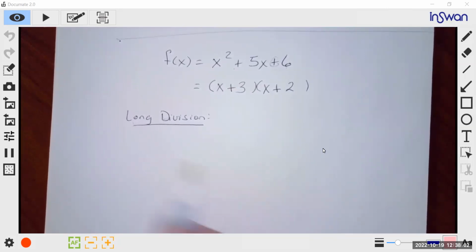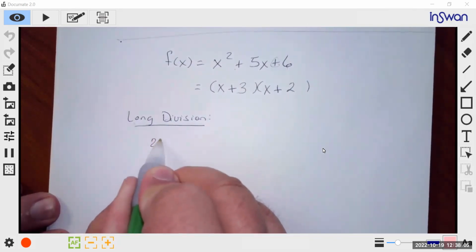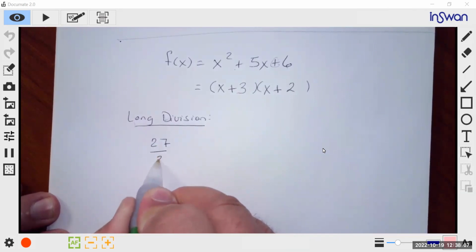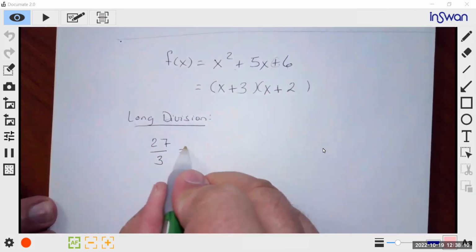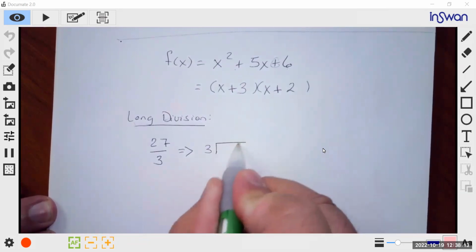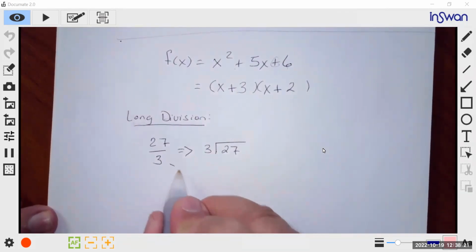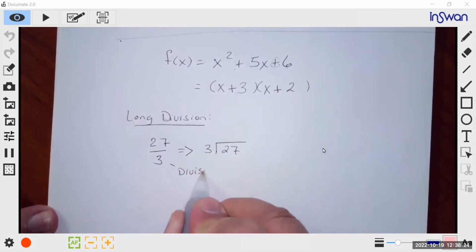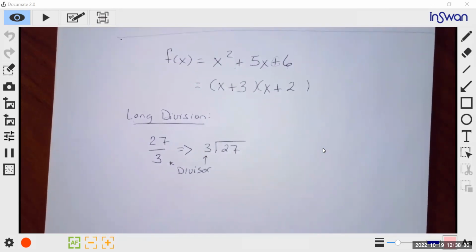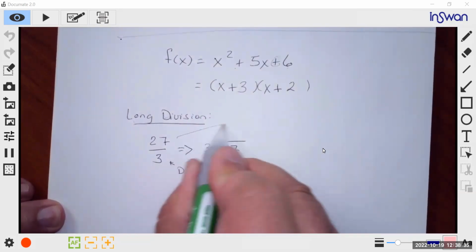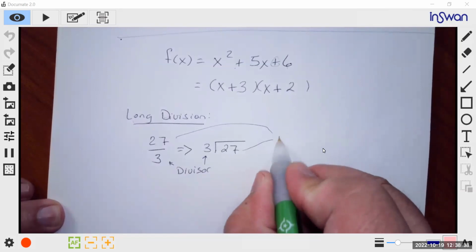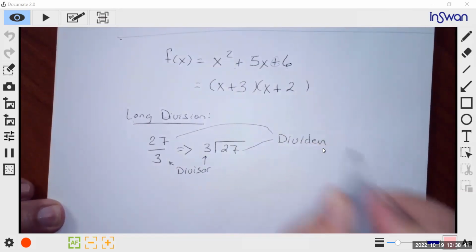Yeah, but not really. If I had 27 divided by 3, that could be rewritten as this. The denominator is called the divisor. The top number, or the number inside this thing, is called the dividend.